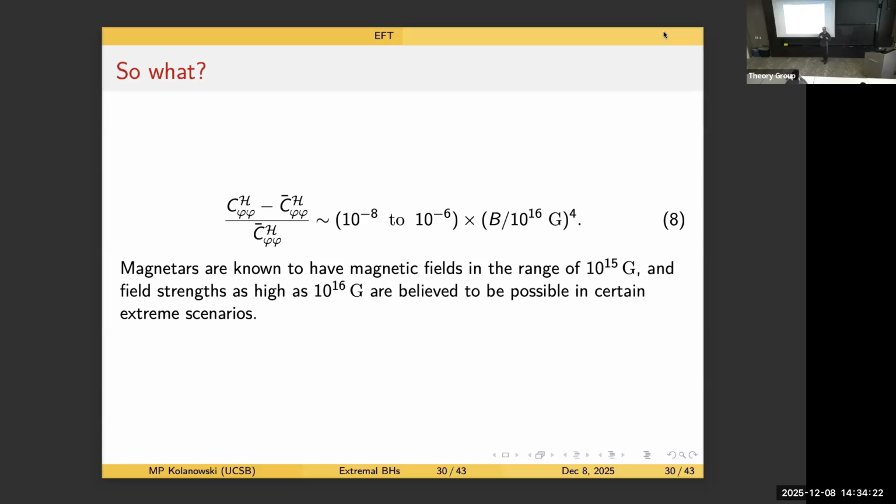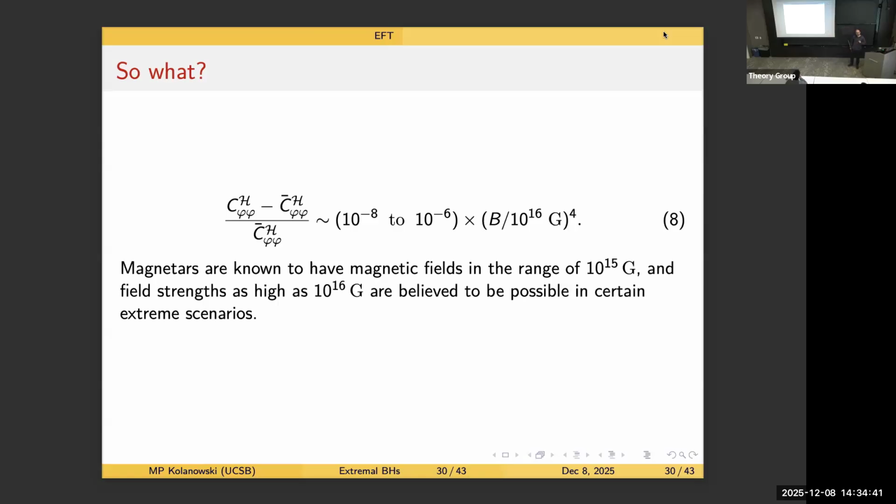So this is how the Weyl tensor changed with regard to the background values. So best case scenario, you can get this to be 10 to the minus 6. More realistic, probably 10 to the minus 10.